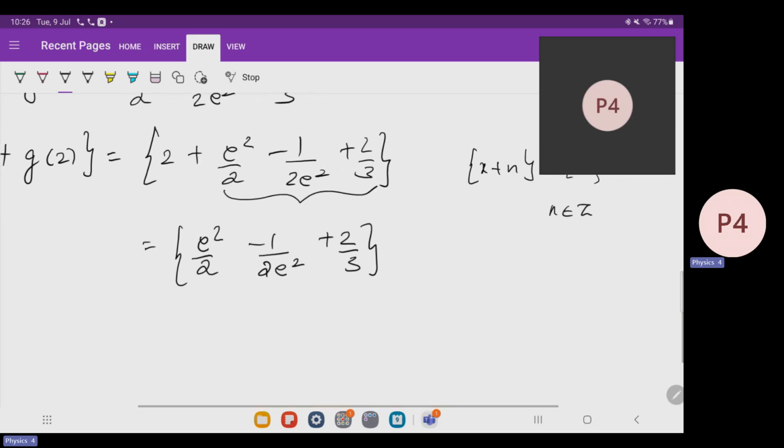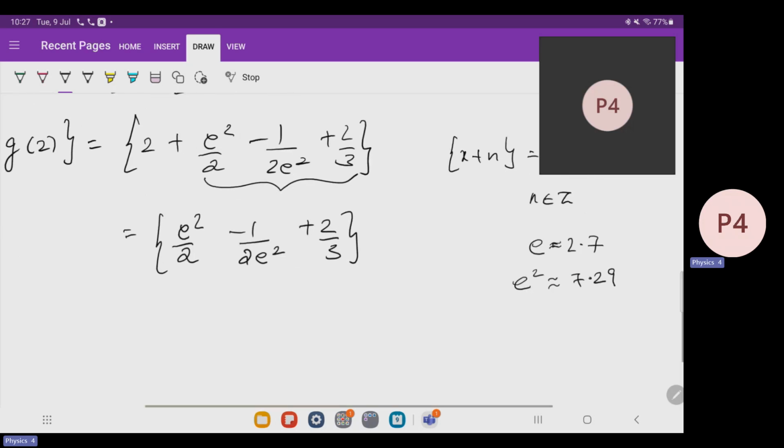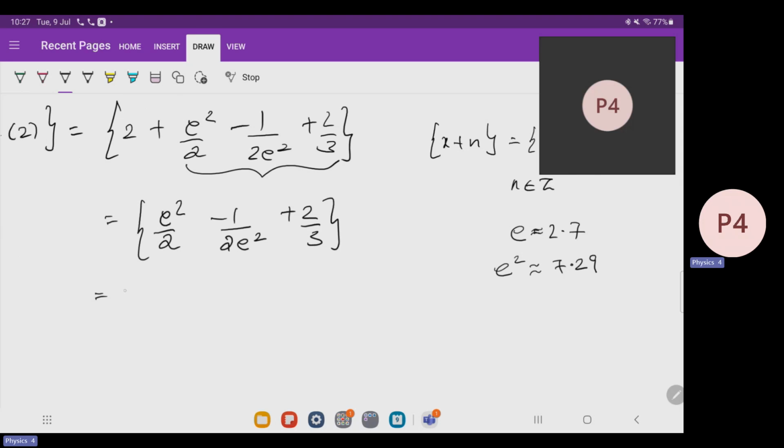Now consider the number e square. If you approximate e to be 2.7, then e square will be approximately 7.29. Now in order to make this number less than 1, what we will do? We will subtract and add 6.